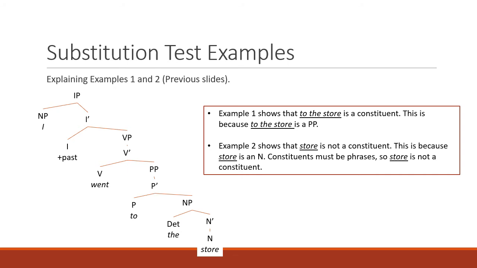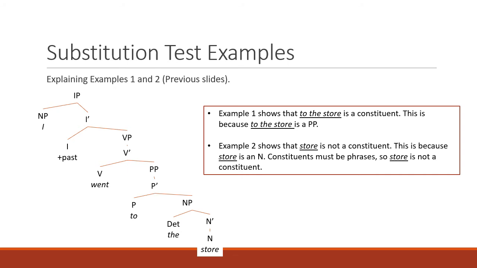Here's the example of "I went to the store" in a tree. Okay, so it shows that "to the store" is a constituent. Well, let's start at the very bottom. "The store" is a noun phrase, so that is a constituent. So "I went to it" works, right? "To the store" is also a constituent because that is a prepositional phrase.